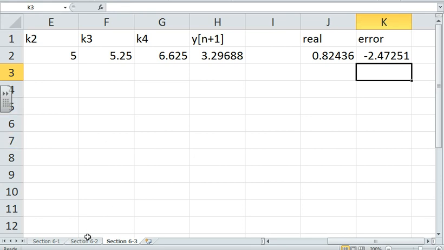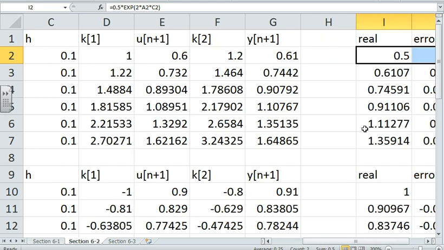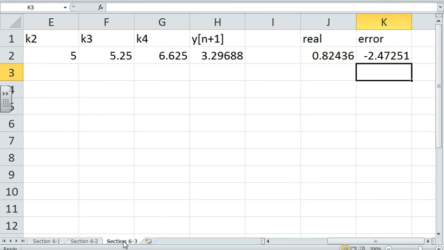That looks particularly unsat. But 2.5 should be around 1. 2.5 should be around there. Okay, now we got to figure out. Okay, so the real guy's right, this guy's wrong. Okay, so what am I doing wrong?